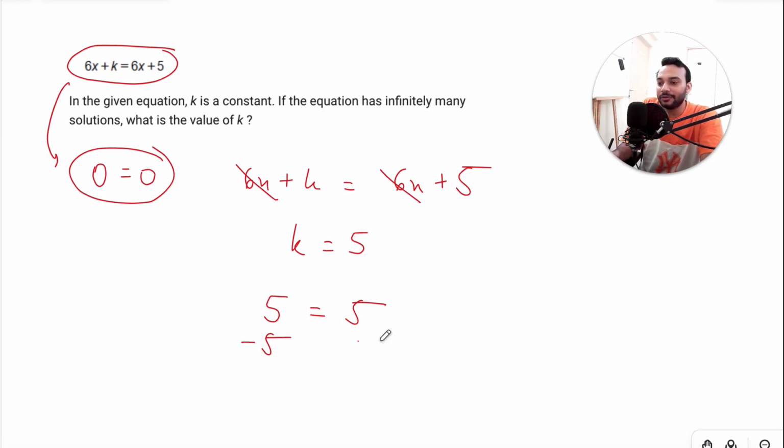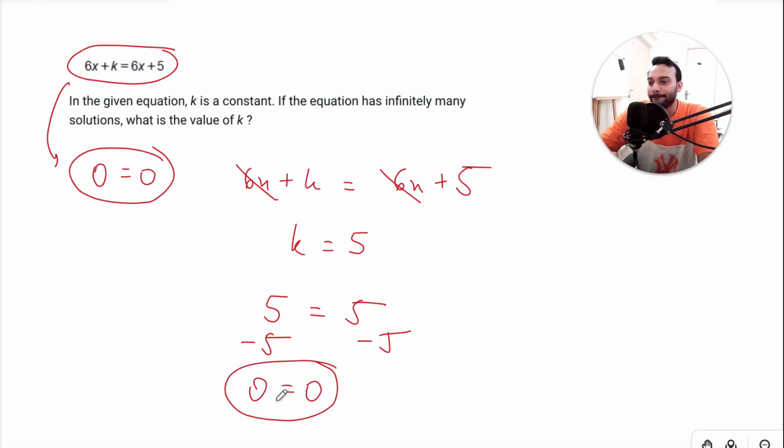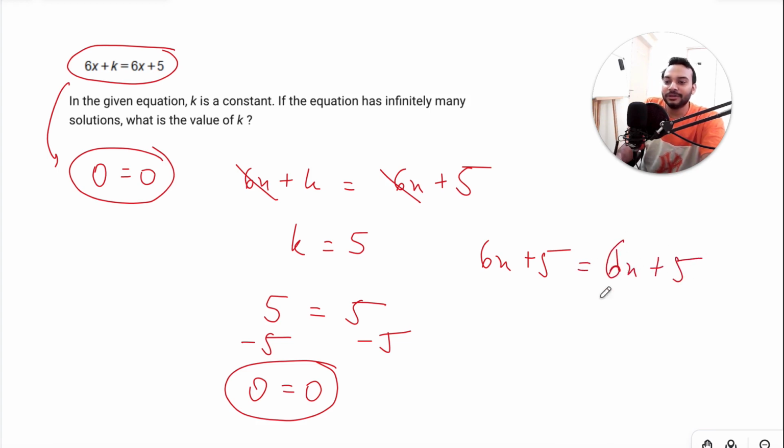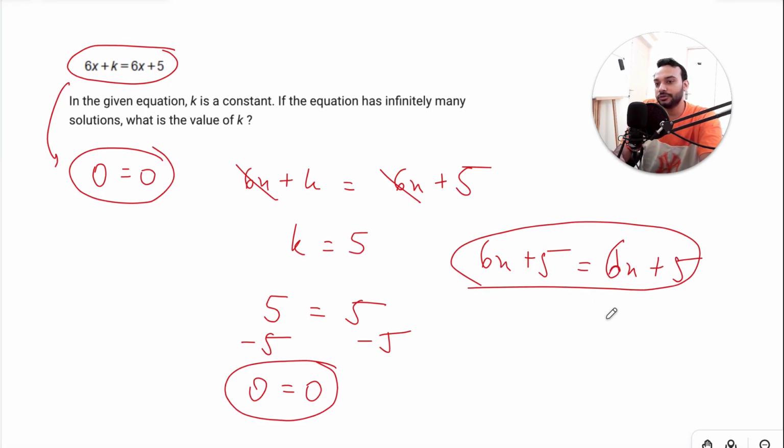For that, I subtract a 5, and I get 0 equal to 0. So this is the form which we need. Now, when k is equal to 5, the final equation becomes 6x plus 5 is equal to 6x plus 5. You put any value of x possible on earth, and this equation would be satisfied. So that's the logic behind infinitely many solutions.